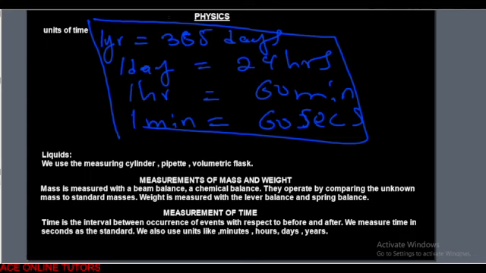So, inshallah, in the next class, we are going to move to dimension. And dimension is a very important aspect of physics, together with everything that we have been doing.